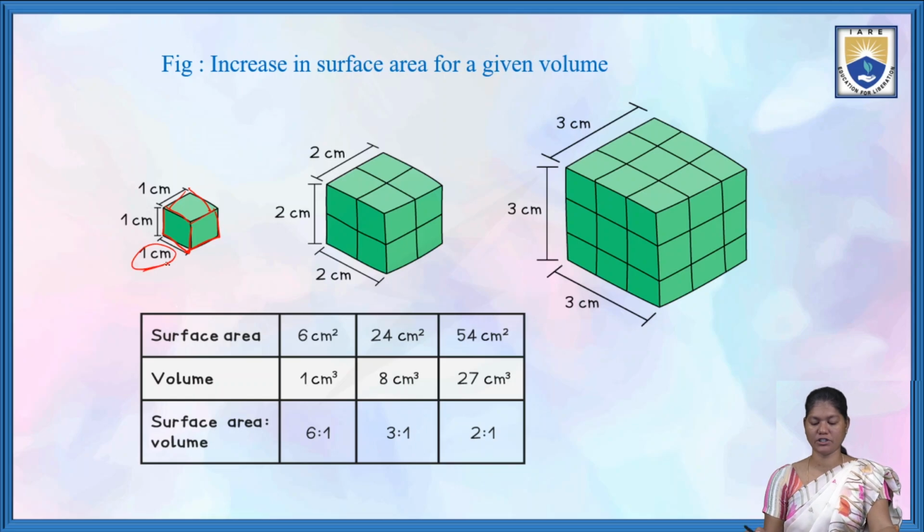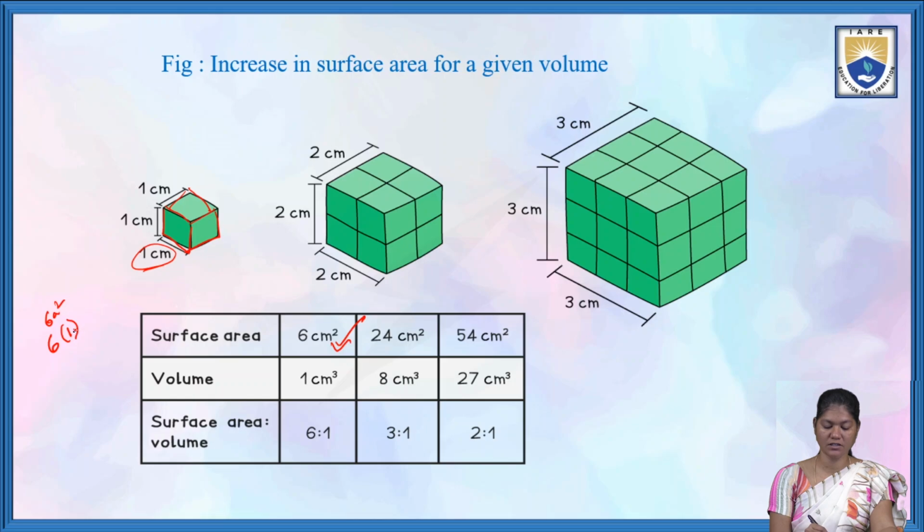The surface area of the cube is 6a square, that is 6 into 1 centimeter square, which is 6 centimeter square.